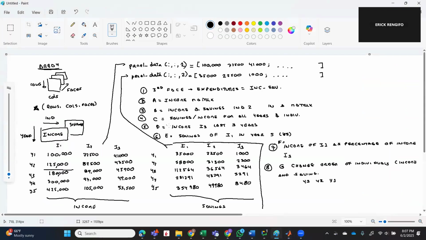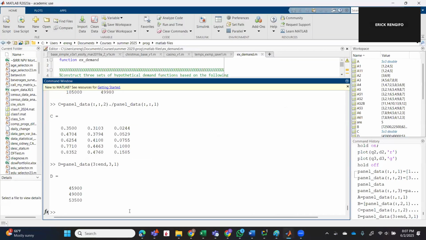So now let's go to E, savings of individual 1, only year 5. What is this one here? Oh, year 5, individual 1, year 5. So I want the 425, correct? This is going to be the E. Okay, you tell me, guys.